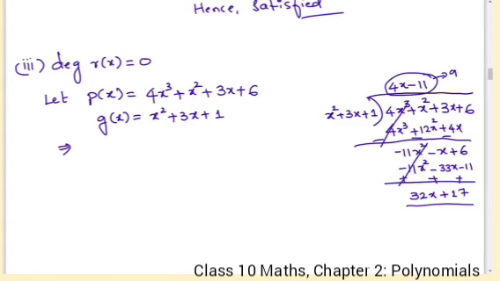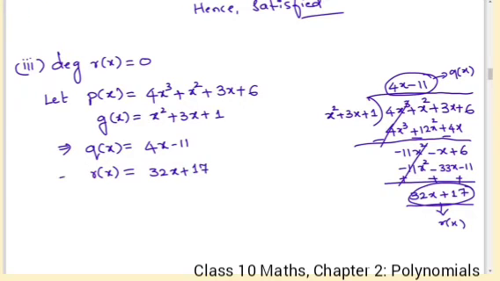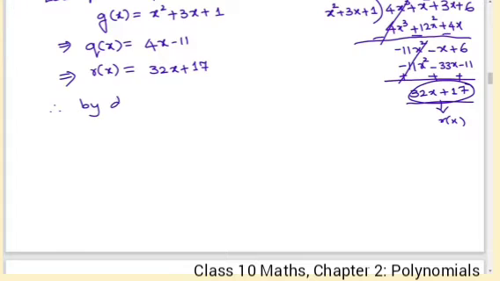So here quotient is 4x minus 11 and remainder is 32x plus 17. Write down q of x is equal to 4x minus 11, r of x is equal to 32x plus 17.